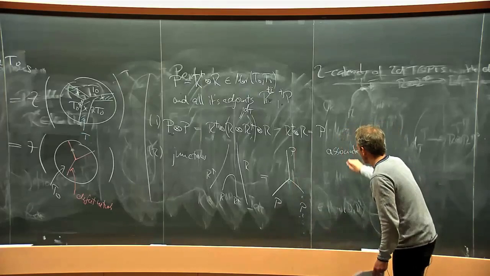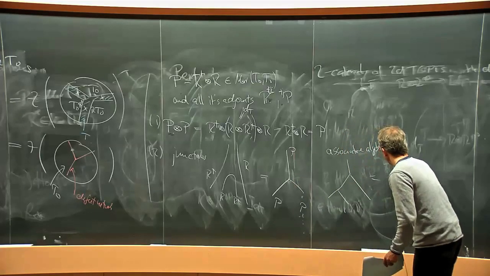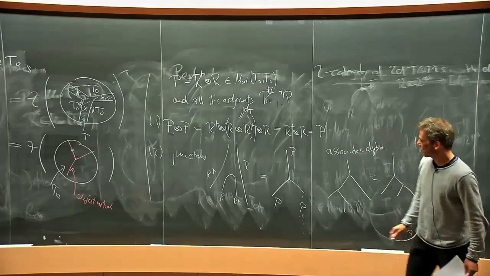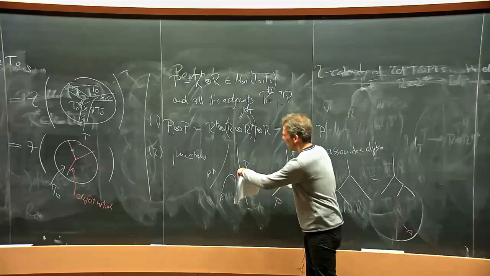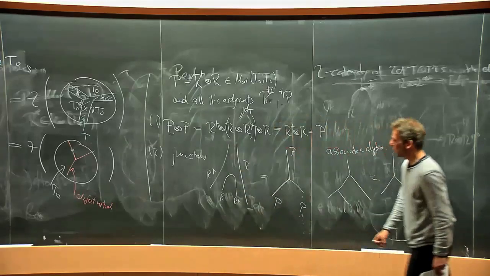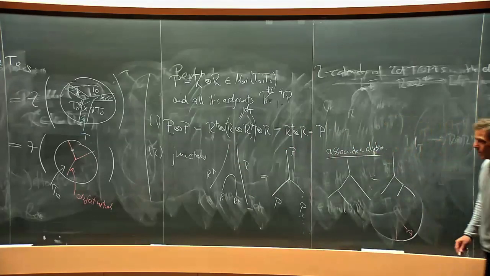Namely, this kind of junction satisfies associativity, the same as this, and this is obvious when you draw it in this form, because you have topological invariance, you can move your things on the ribbons around. So this is an associative algebra.